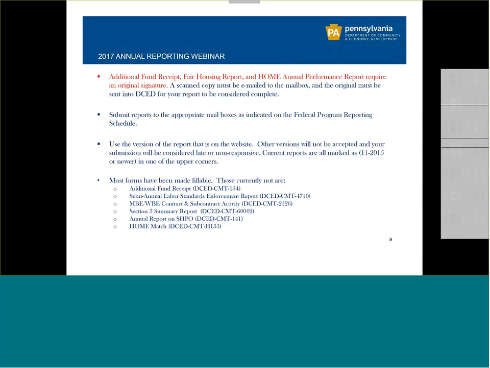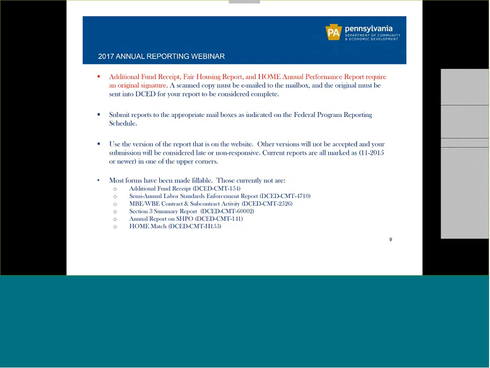The additional fund receipt, the Fair Housing Report, and the HOME Annual Performance Report all require an original signature. You must send a scanned copy to the mailbox, just like you do all the other ones, but then you need to get an original signature either from the CEO or the Chief Financial Officer, it's stated right on the form, and send it in to DCED.